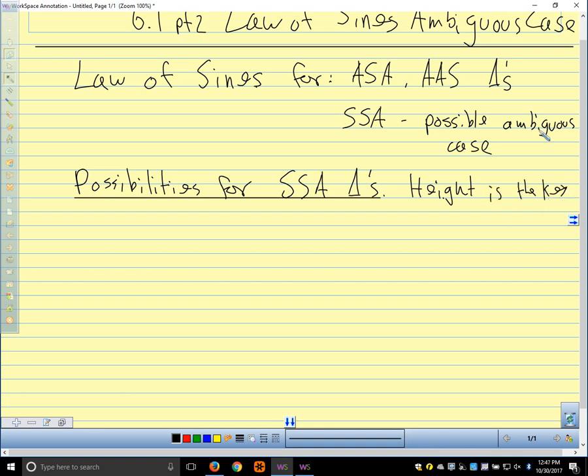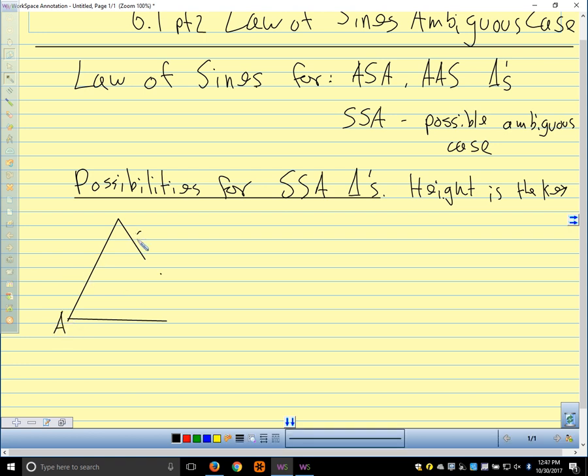We're going to be comparing the height of the triangle to the side of the triangle to decide what's happening. I always draw a side-side-angle triangle like this, because we don't know what's going to happen here.